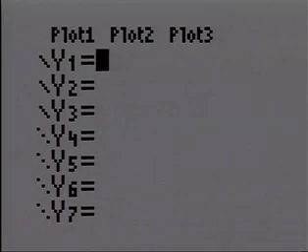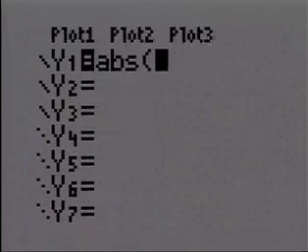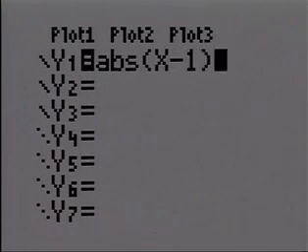Now, it might be interesting to take a look at the graph of this composite function. Let's enter our two functions in our calculator. So we have y equals the absolute value. So we go under math, find our absolute value of x minus 1.